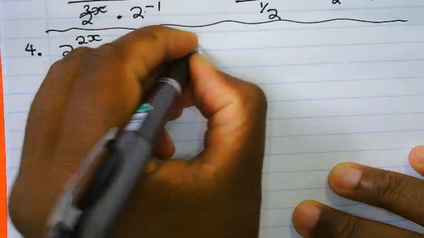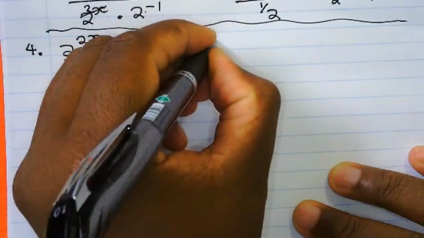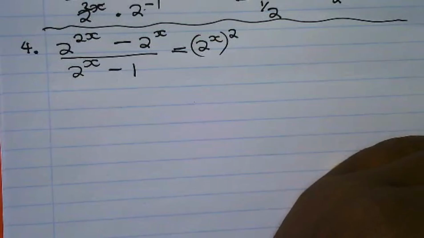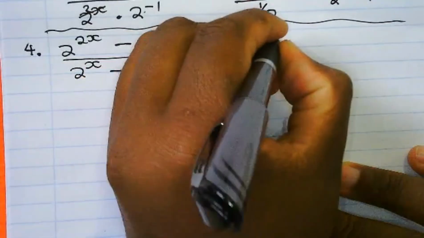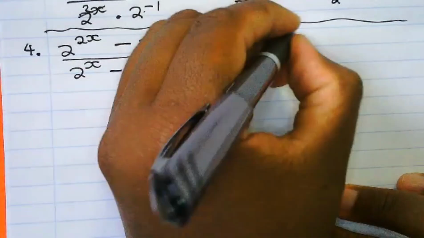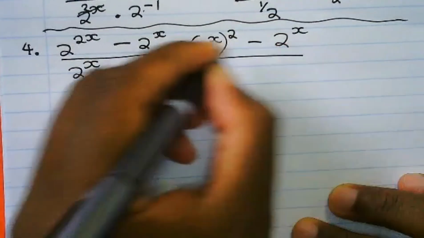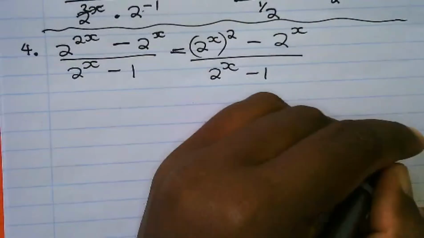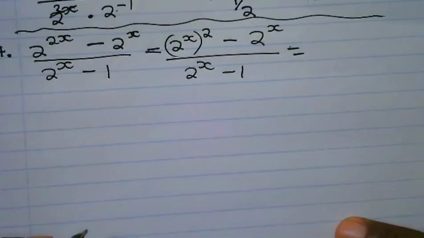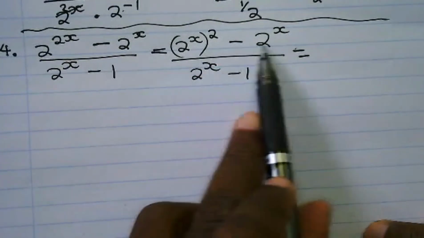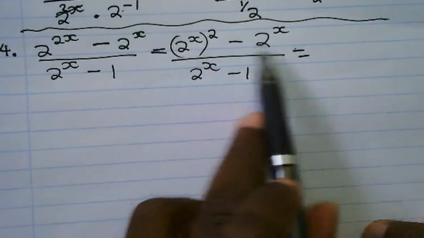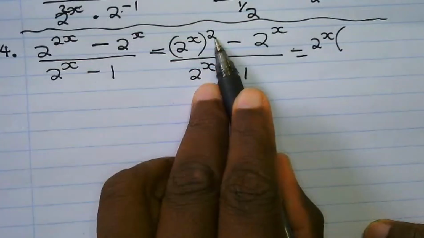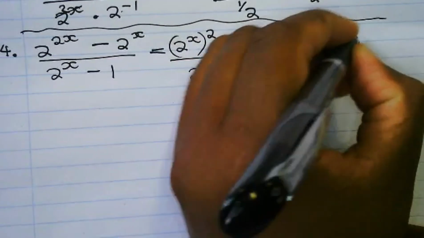Let me rewrite this one to be 2 raised to x, all raised to 2, minus 2 raised to x over 2 raised to x minus 1 there, and then from there we can factor out 2 raised to x there.